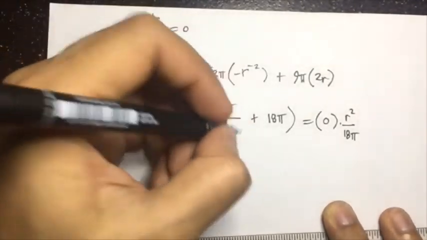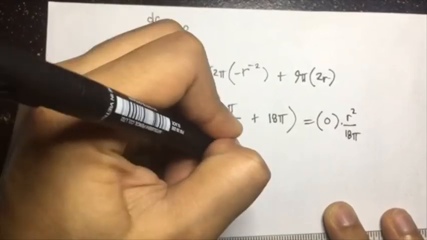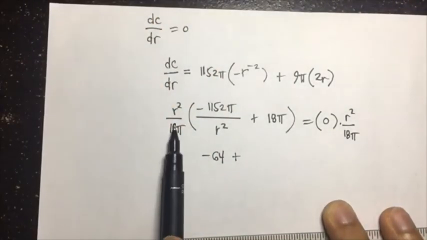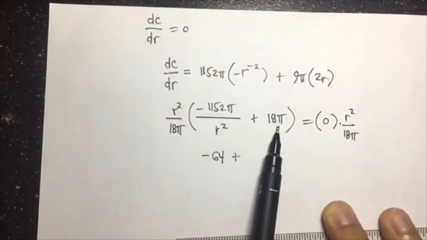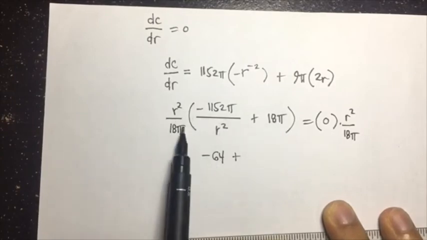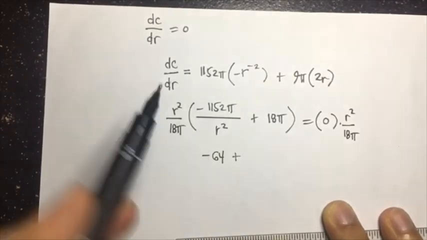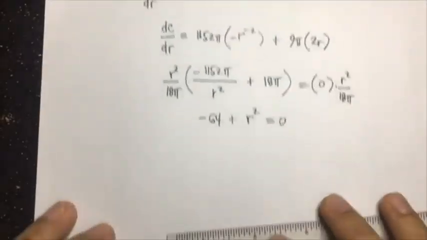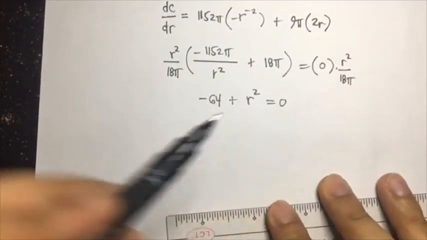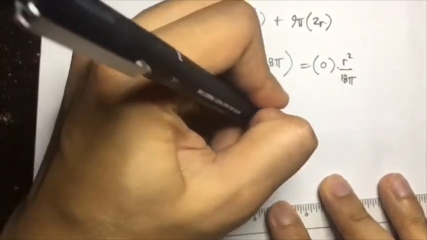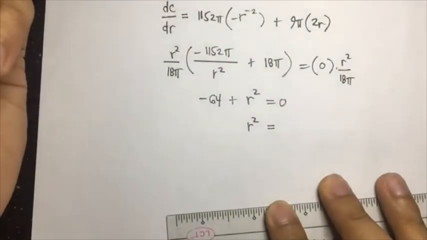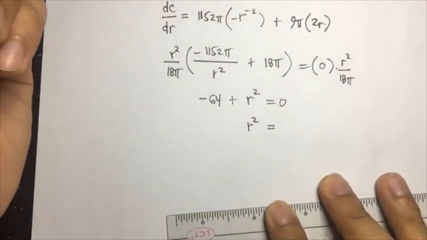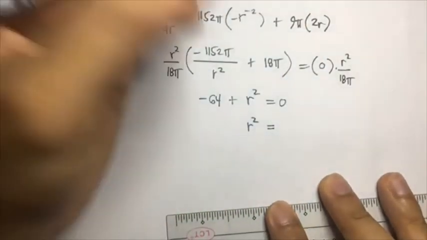So negative 64 plus, if you distribute this on the second term, 18 pi will be cancelled, and it will become r squared, equal to 0. Transposing 64 to the other side, we have r squared is equal to 64.